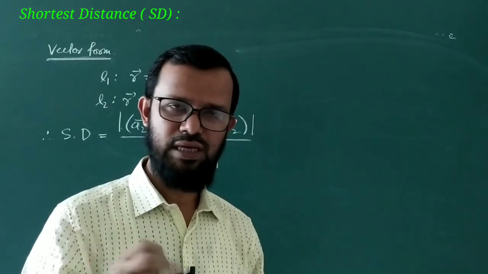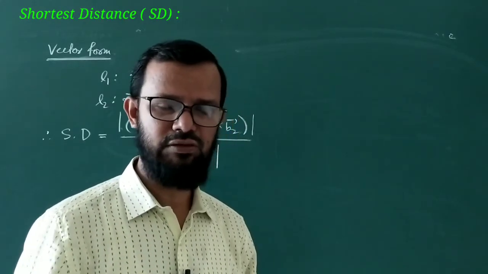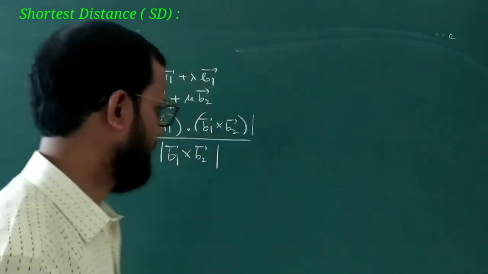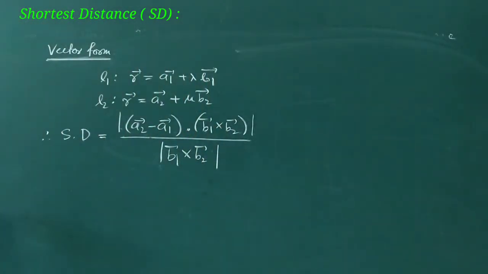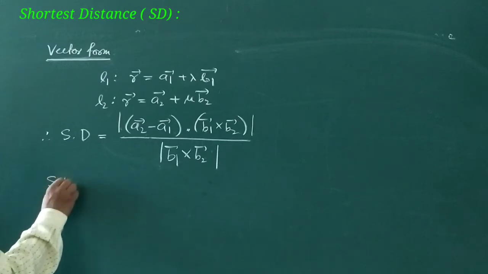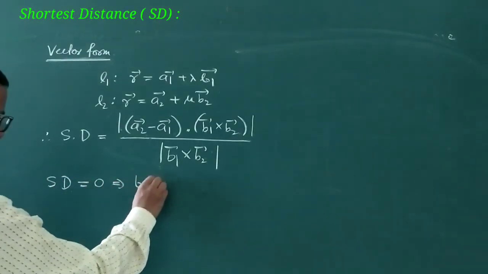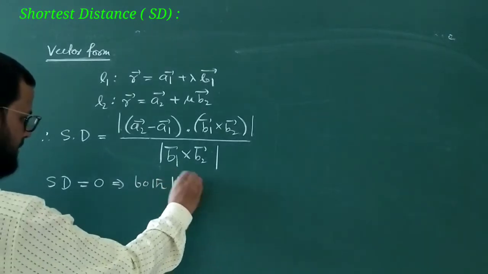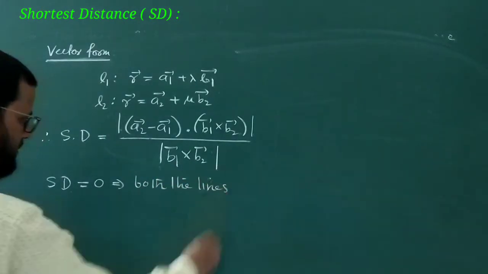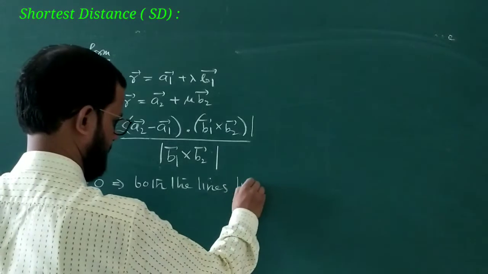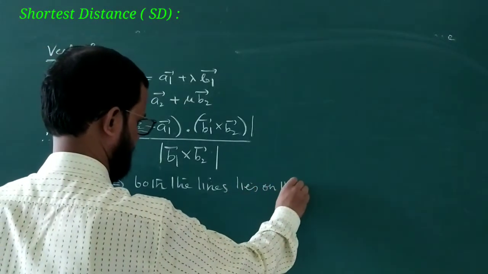So if I say SD equal to 0, then you understand both the lines lie on the same plane.